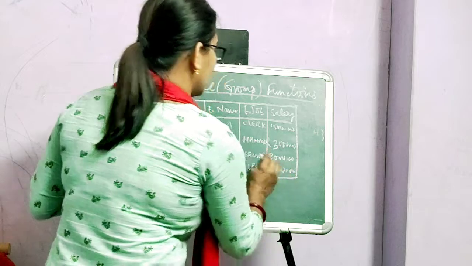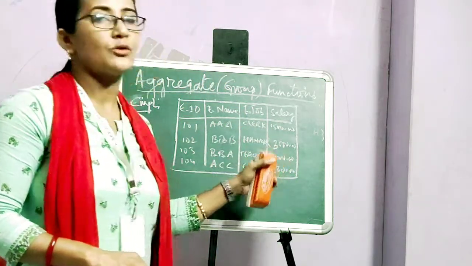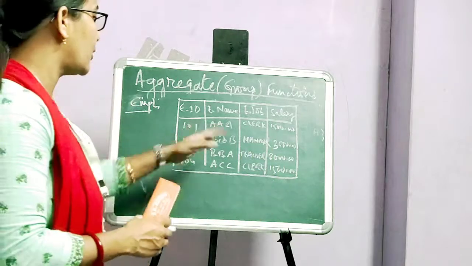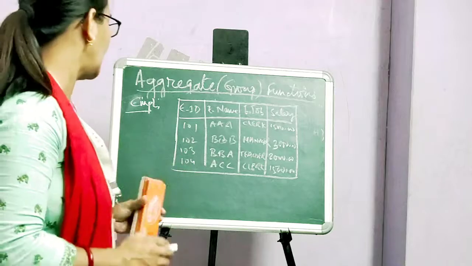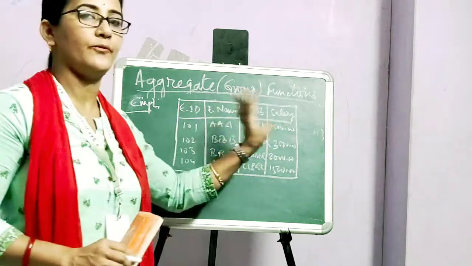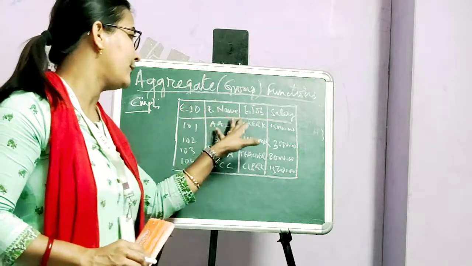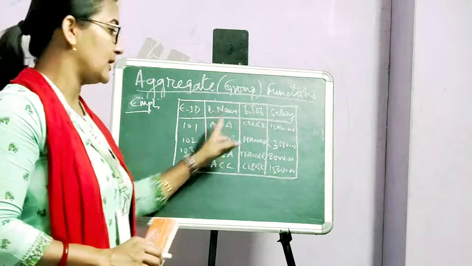I have taken small numbers so that it will be helpful for us to find the average or sum. So this is the table employee having four fields: employee ID, employee name, job, and salary. These are their records.